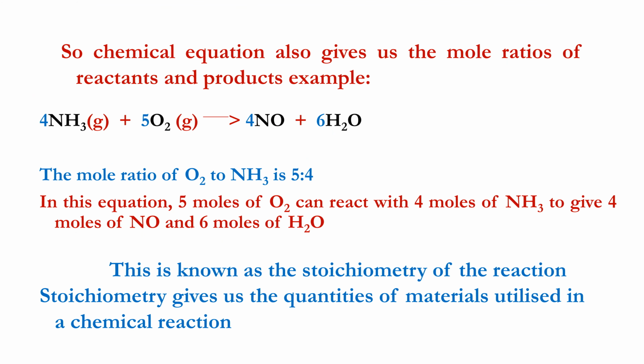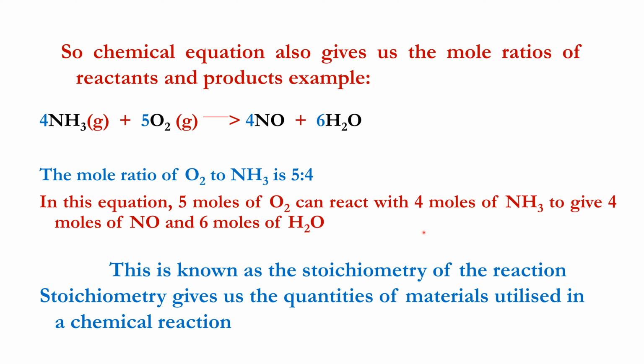So a chemical equation also gives us the mole ratios of reactants and products. We already know that the reactants are on the left-hand side, these ones, and the products are on the right-hand side. So the mole ratio of oxygen to ammonia is 5:4 because there are 5 molecules of oxygen and 4 molecules of ammonia.